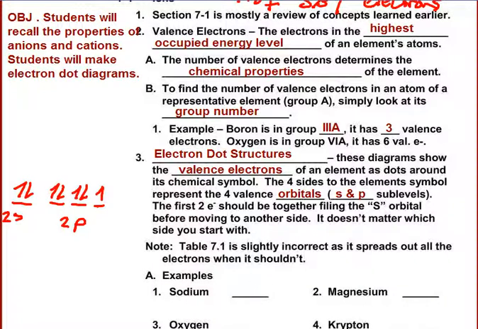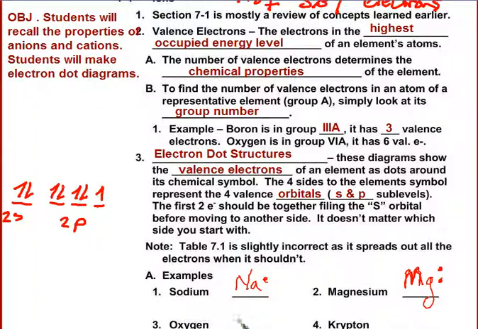So we're going to write the symbol for sodium, and it's going to have 1 electron. That wasn't so hard. Magnesium then is going to have Mg, capital M, lowercase g, and it is an alkaline earth metal, so it's going to have 2 electrons. Well, those are going to look like that.